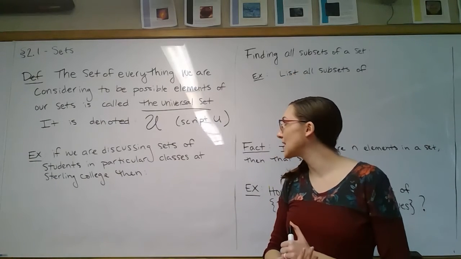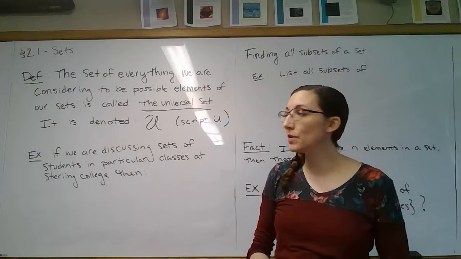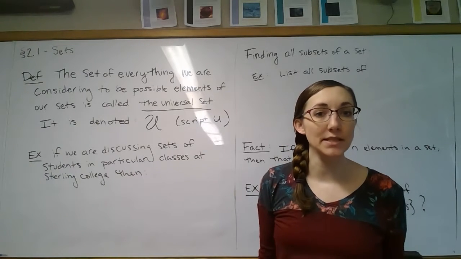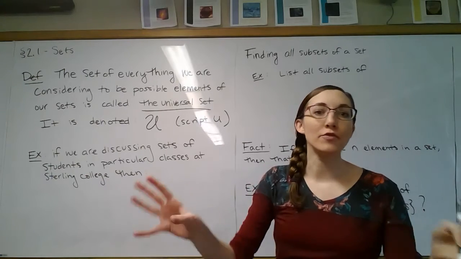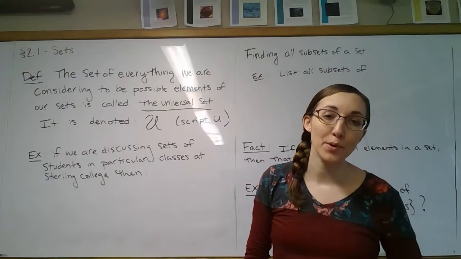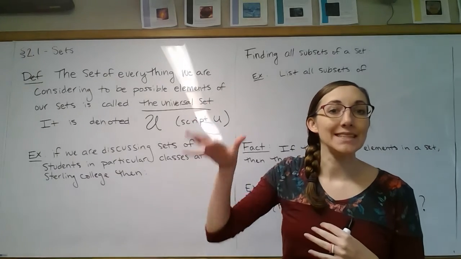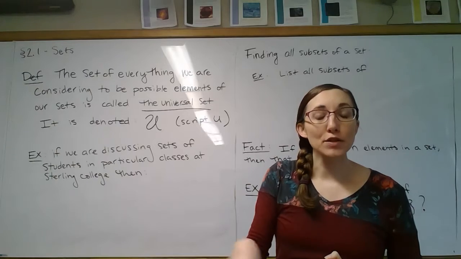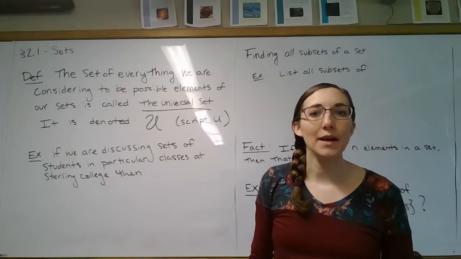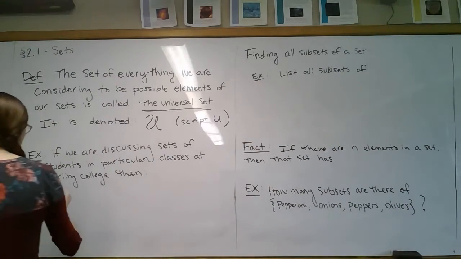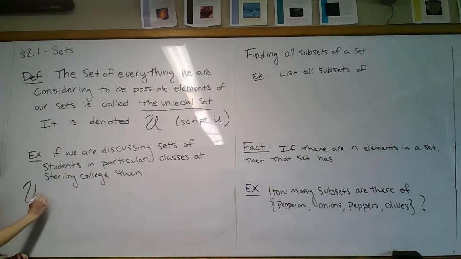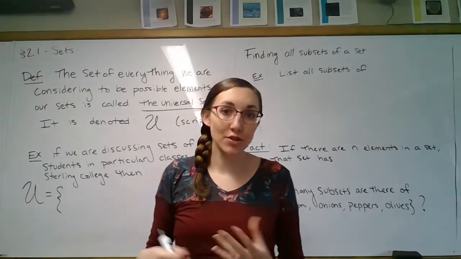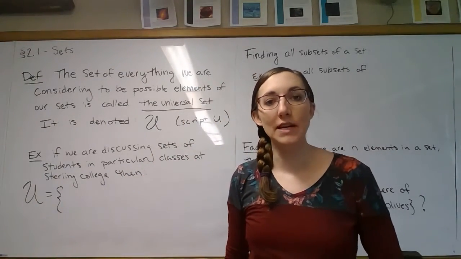If we're discussing sets of students in particular classes at Sterling College, a set might be all of you who are enrolled in contemporary math right now. You can make a set that contains all of your names. If I'm doing that for multiple classes at Sterling, then my universal set would be all students currently enrolled at Sterling College.